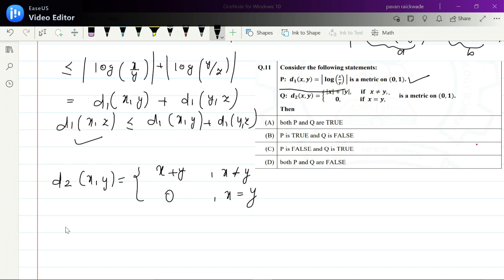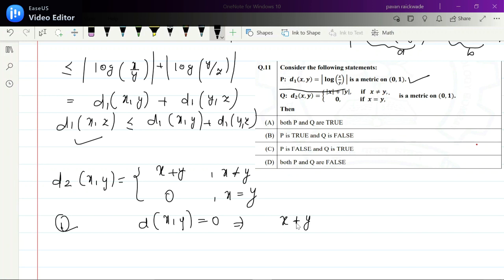Okay, so first property, see x and y are both positive, so their sum is also always positive, so it can't be negative. So the first property is straight away satisfied. And the distance between any 2 points is 0, distance between x comma y is 0, what does that imply? Suppose x and y are not equal, then it will be x plus y, right?